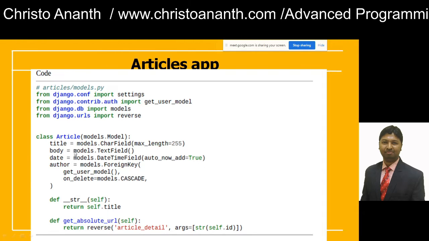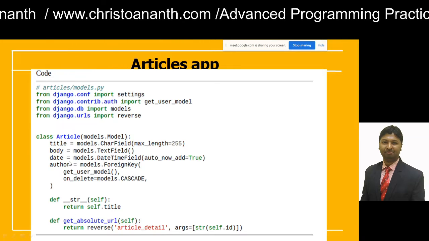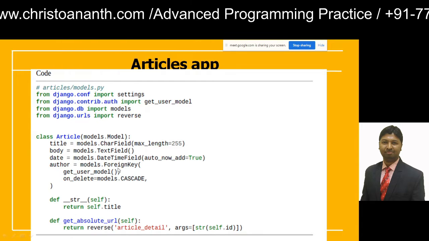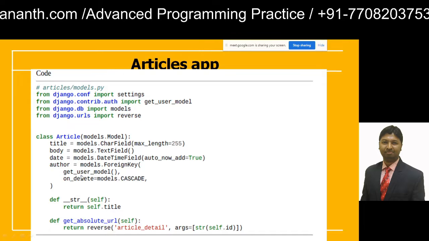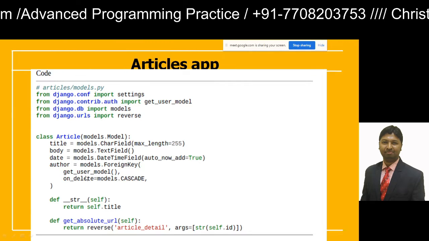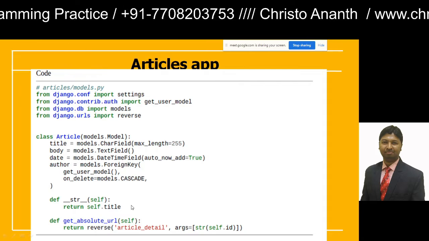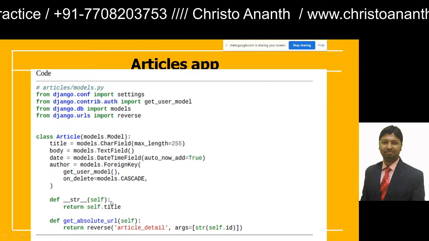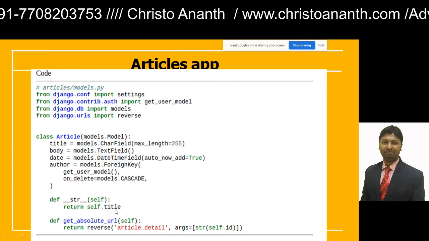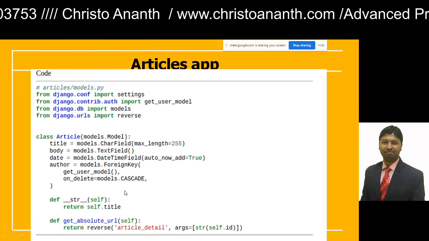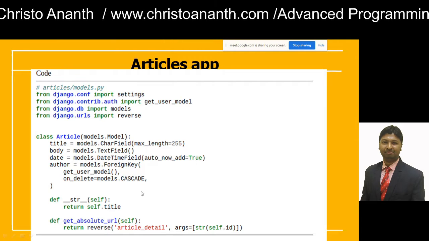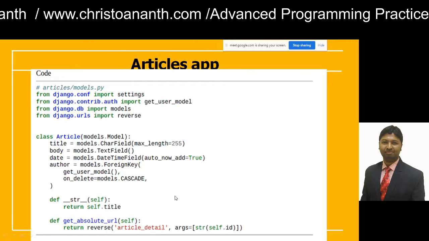And then body, we have models.TextField, date equal to models.DateTimeField, auto_now_add equal to True. And then author, models.ForeignKey, get_user_model, on_delete is equal to models.CASCADE. And then you are going to define the string function, return self.title, define get_absolute_url, and then you go with return reverse article_detail.